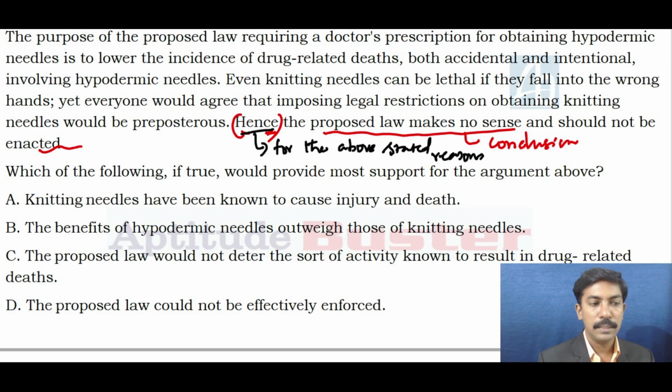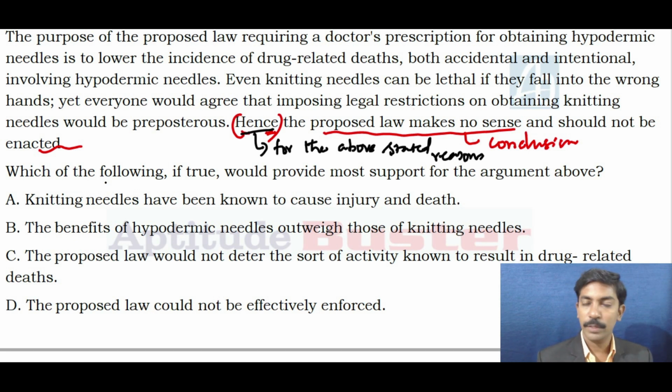We can understand just by reading the last sentence that the author feels that the proposed law is nonsense, because that's what it means when we say the proposed law makes no sense. The author, in other words, says it's nonsense and should not be enacted. He says hence the proposed law makes no sense. Thereby we can infer he has provided enough reasons to conclude the law doesn't make sense. I shall thoroughly discuss the content a little later.